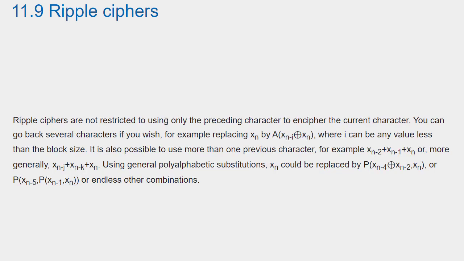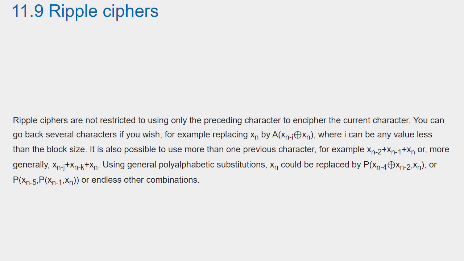Ripple ciphers are not restricted to using only the preceding character to encipher the current character. You can go back several characters if you wish, for example replacing xn by A of xn minus I, XOR xn, where I can be any value less than the block size.